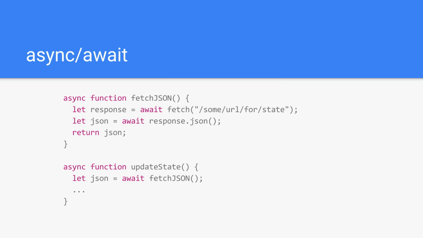And I want to point out something about this. The reason that I chose fetch here is because fetch is years old. There was no async await in the language. We added promises, and now all of a sudden it can be used as if it's an async function. You see down here, update state calls fetch.json, and you might think, oh, well, async functions can call async functions in a certain way. But no, it's just about promises.